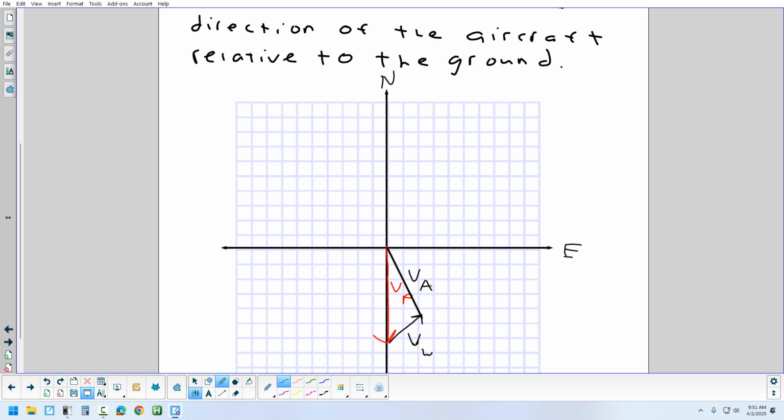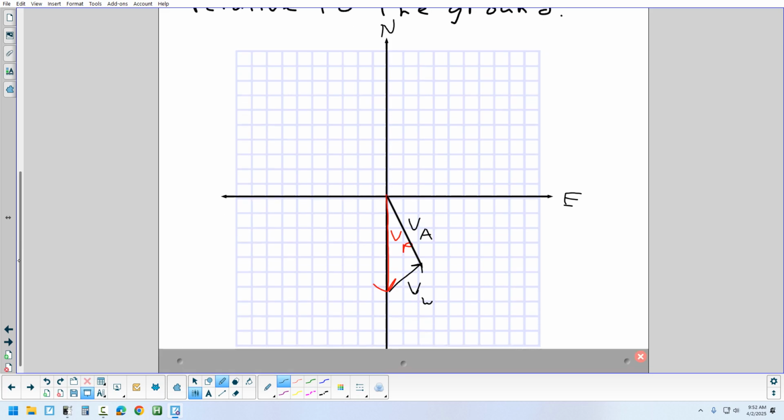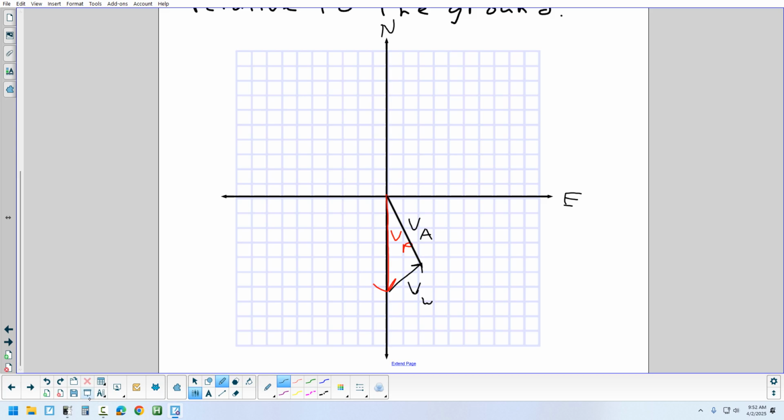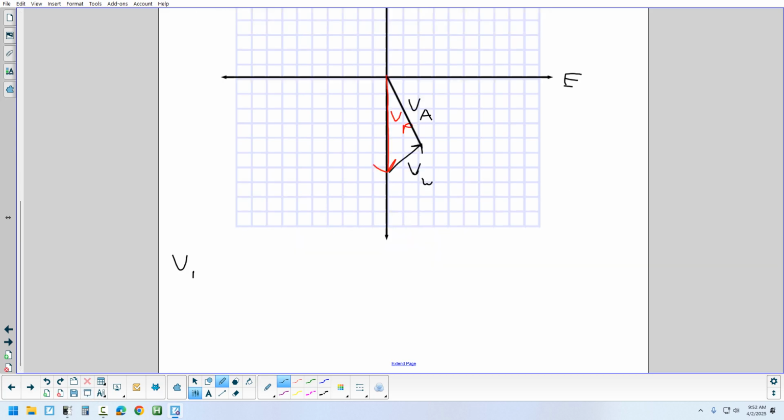Let's start with describing the velocity v sub p. We need to write a velocity vector. If you were going to write this with ij notation, it only has one component. Does v sub p have an i component or a j component?